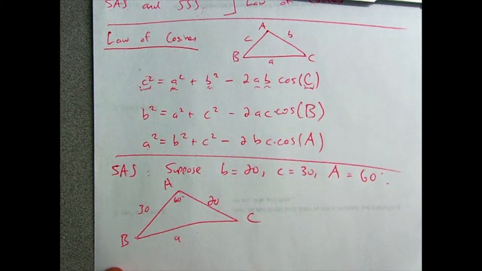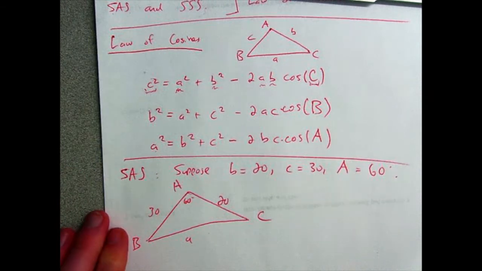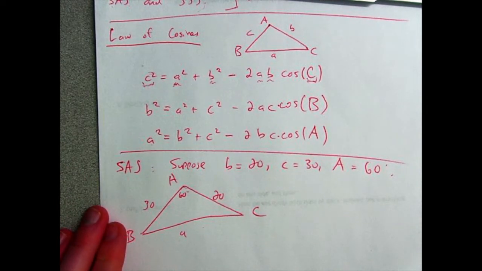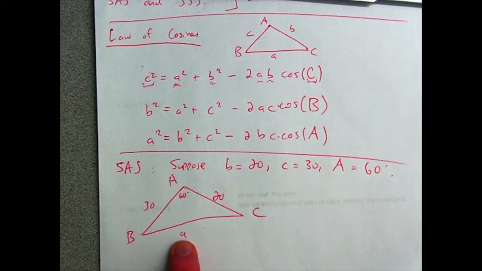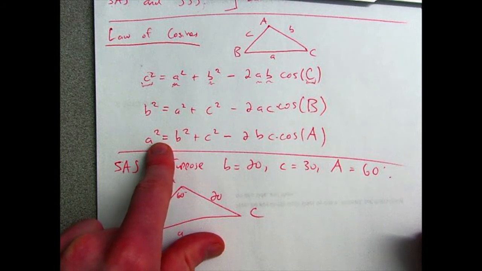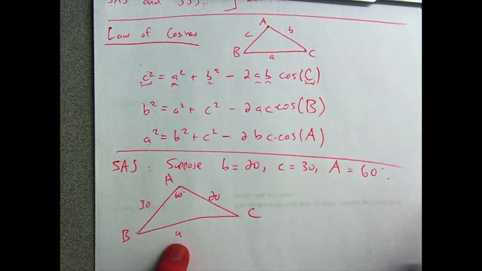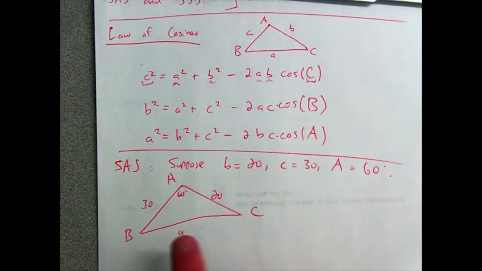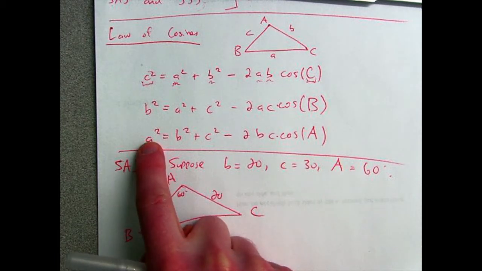But we'll make it so that you only have one unknown in the resulting equation, which is what you want. It turns out that if you set it up using A as the side that shows up on the left-hand side of the law of cosines, like if you use this version, then you'll only have one unknown, because A is unknown. Okay, so that'll be my unknown.